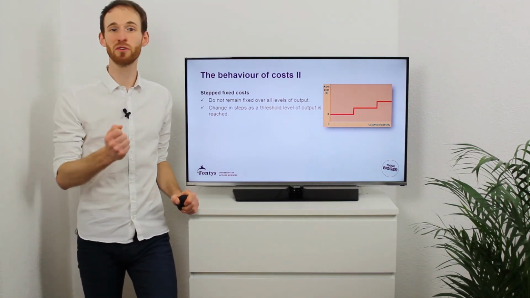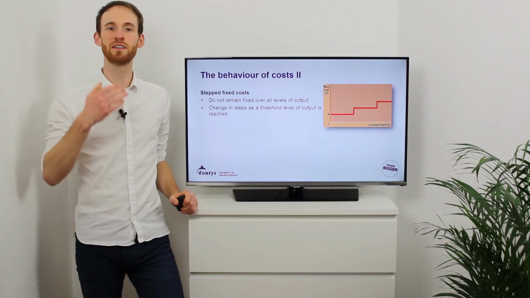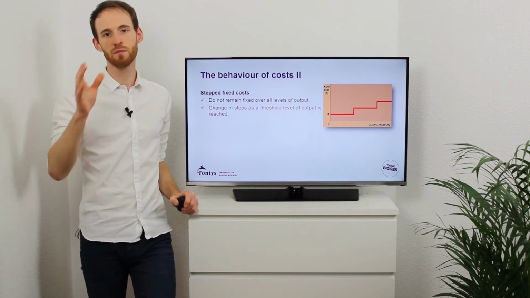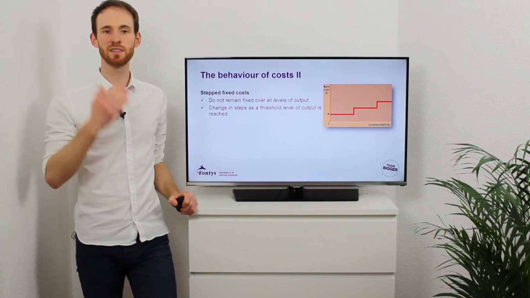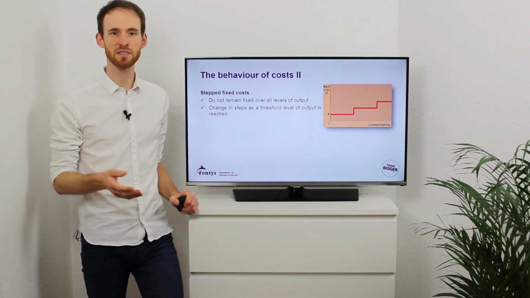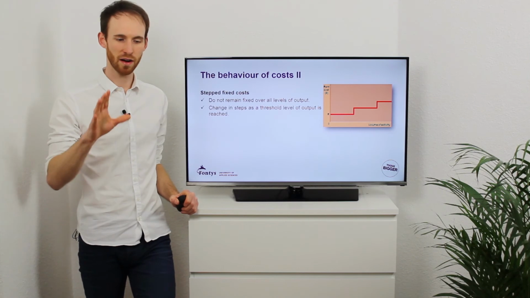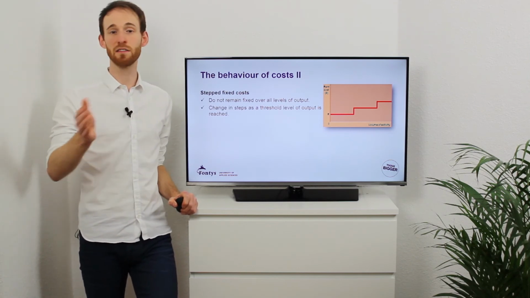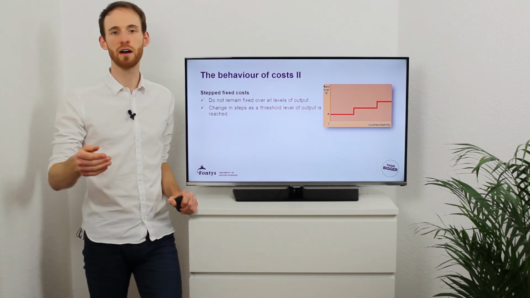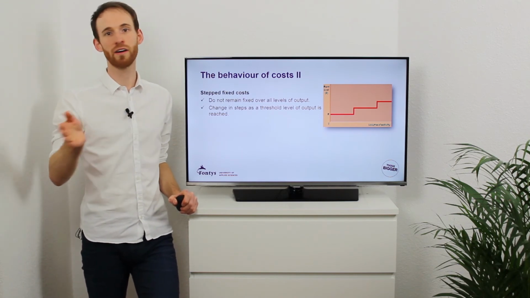The same also goes for your cooking evening. If you invite 5 friends, it might be fine because you have enough capacity in your kitchen. But if you now invite 6 friends, you might not have enough space to cook for everybody. So what can you do? You can ask another friend to also prepare meals at her or his own kitchen.